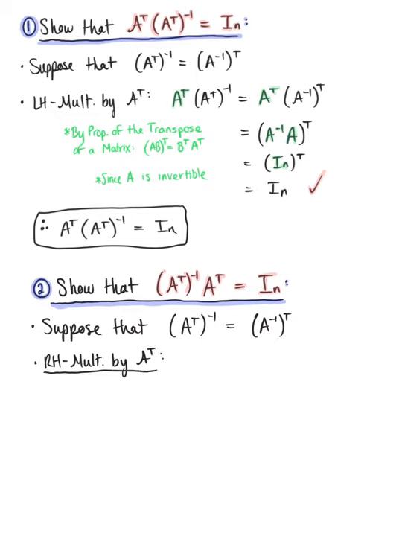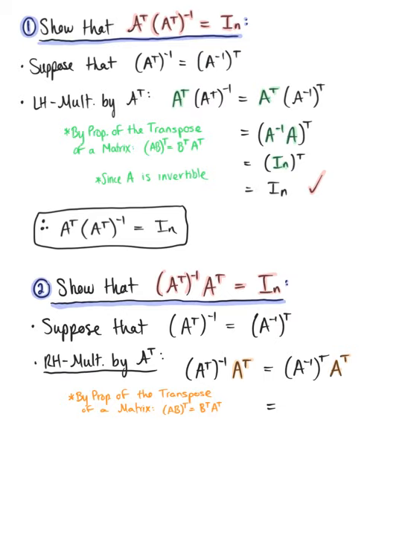So this is going to leave us with the inverse of the transpose of matrix A multiplied by the transpose of matrix A is equal to the transpose of the inverse of matrix A multiplied by the transpose of matrix A. Now again, we'll leave the left-hand side as it is, and we can rewrite the right-hand side by the properties of the transpose.